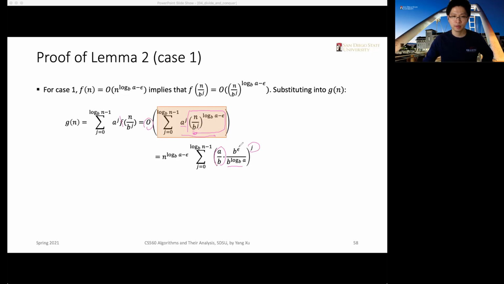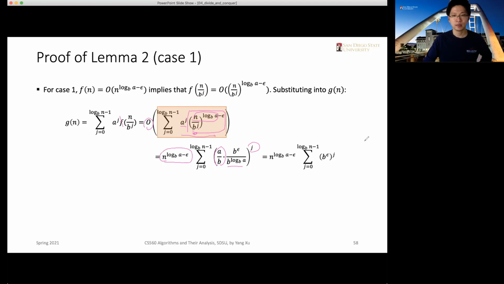And n is also moved out, because this whole thing has nothing to do with j. Everything in here has something to do with j. All right, and then if we do the further simplification, we would only have what?